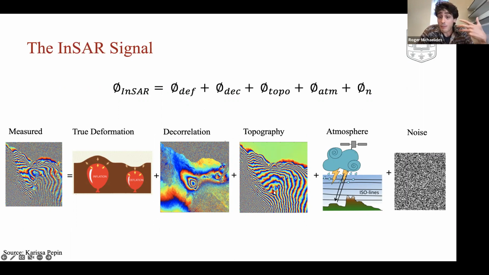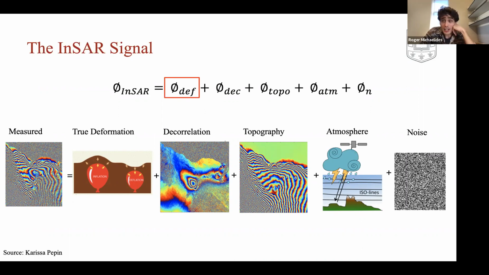There's a topographic component here. And then we can also have error terms that are due to the atmosphere or things like thermal noise. Usually we're interested in this deformation signal. And so the question often becomes, how do we get rid of or minimize these other error terms?